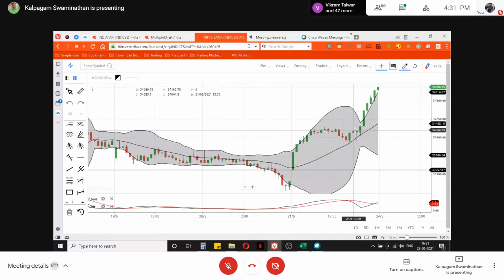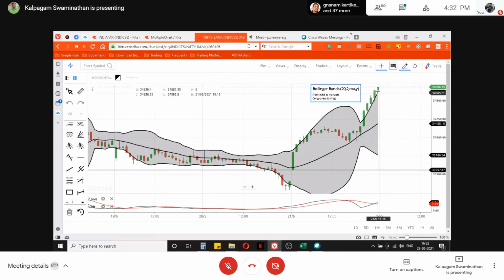And here you see the market went sideways. Then the expansion came a bit late, if you see here.